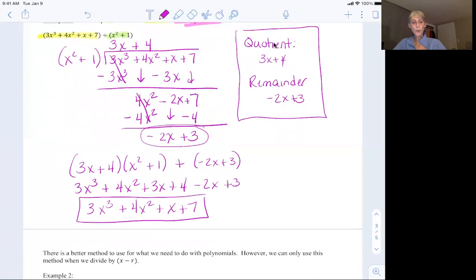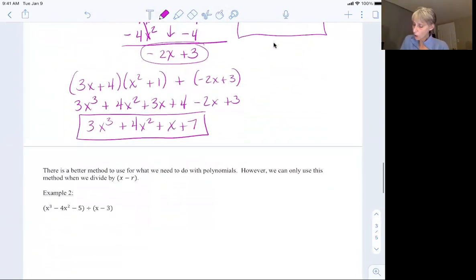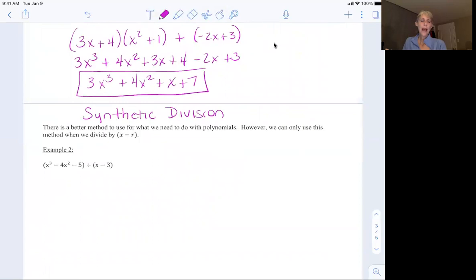So an easier way, something you learned last year, is called synthetic division. With synthetic division, we take all of those x's out of the way and make things a little bit easier for us.